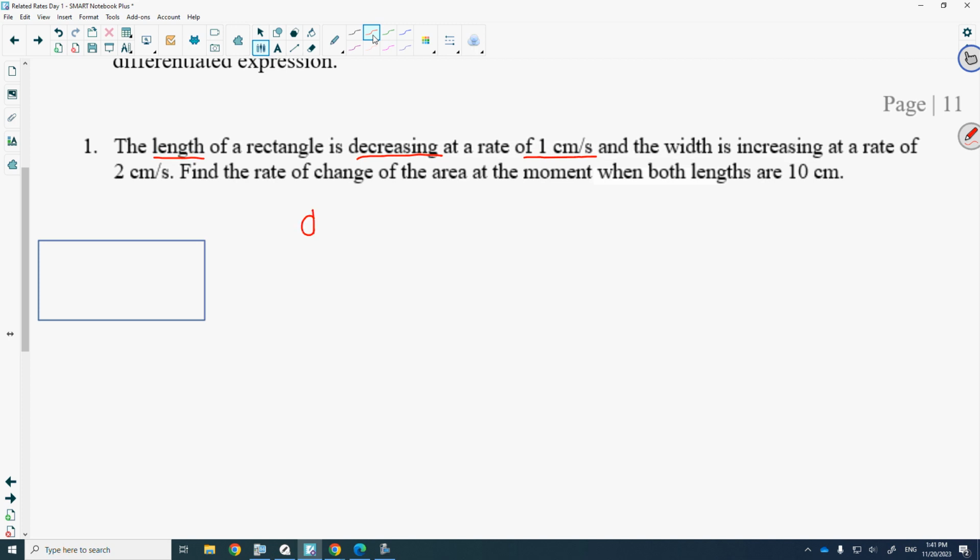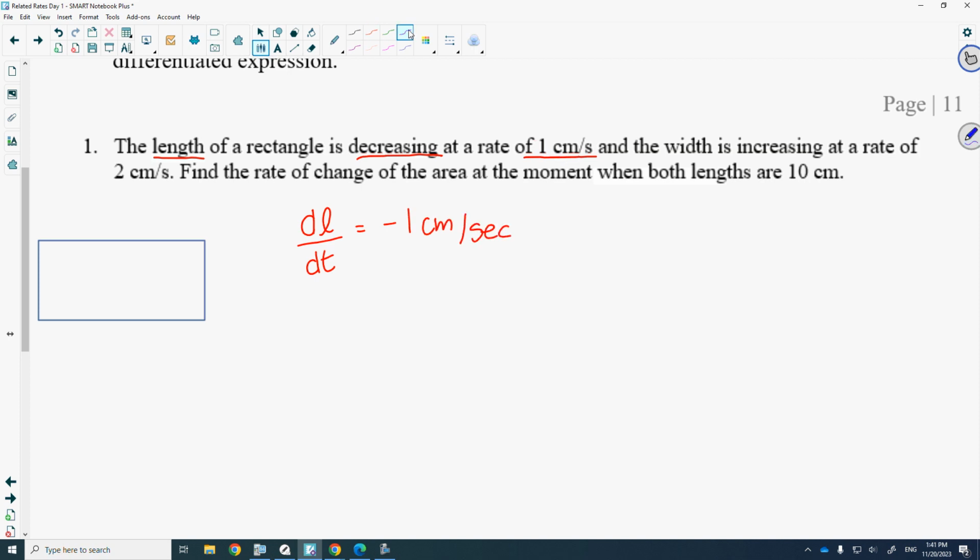Because we're doing rates, you're going to say dL/dt. These are rates. The rate at which the length is decreasing with respect to time is equal to, it's decreasing at a rate of 1 centimeter per second. When you're decreasing, you're going to include negatives. Increasing would be positive. So this rectangle is decreasing at a rate of -1 centimeters per second.